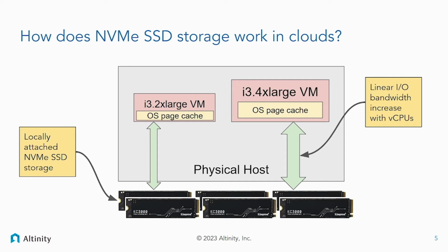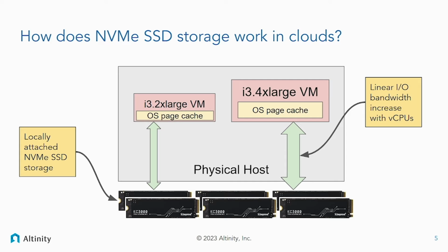The way Amazon does it, and my examples today will all be from Amazon, although other clouds have similarities, is that as it puts the VMs on the host, it gives each of them a fraction of the I/O bandwidth. If you hire an i3 2xlarge VM that has, I think, 8 vCPUs, that is going to get, say, X amount of bandwidth.